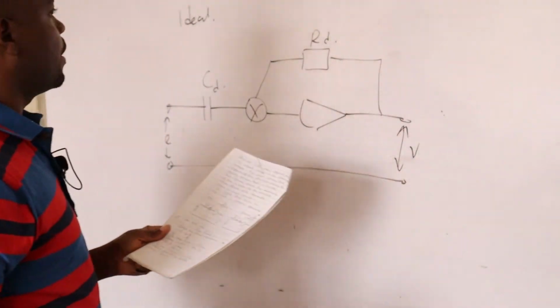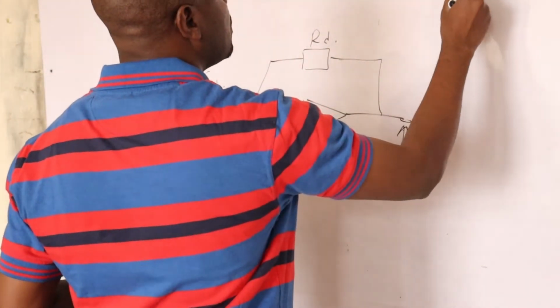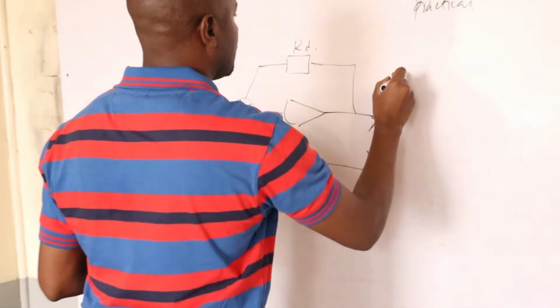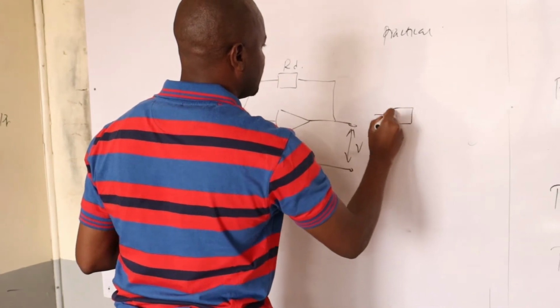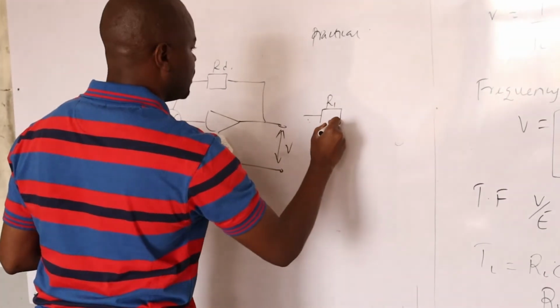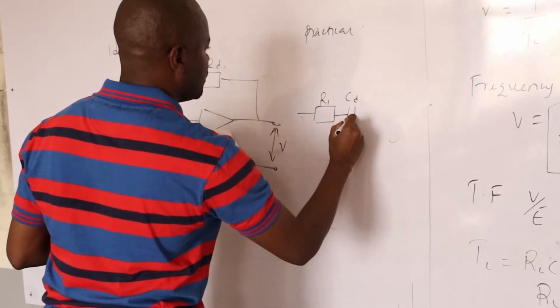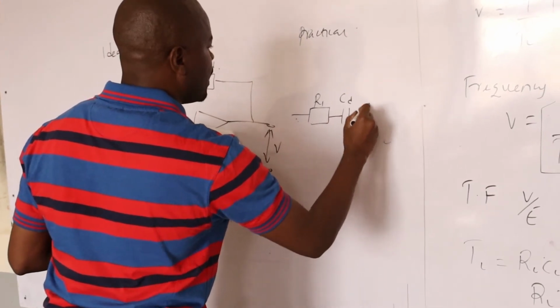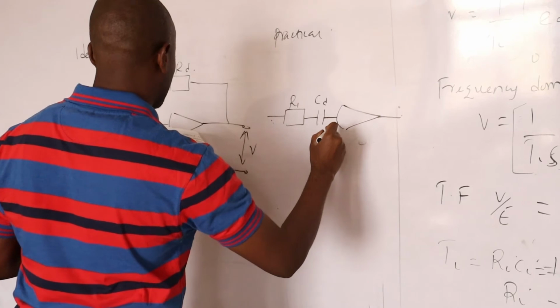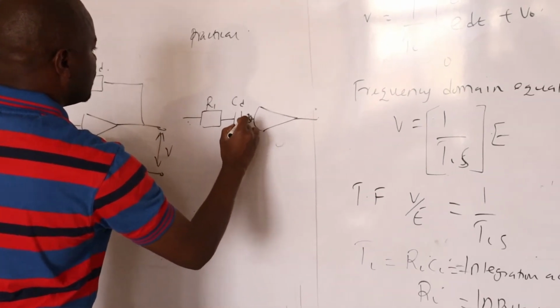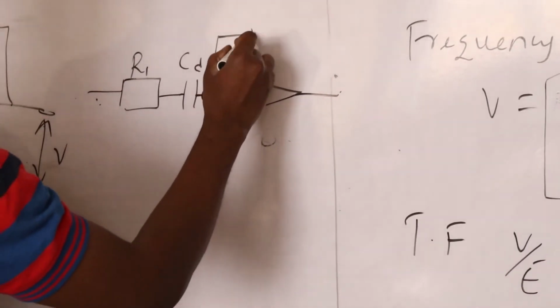For the practical one, which is always used, we have R1 going to CD, then the op-amp, then the junction that goes to RD.